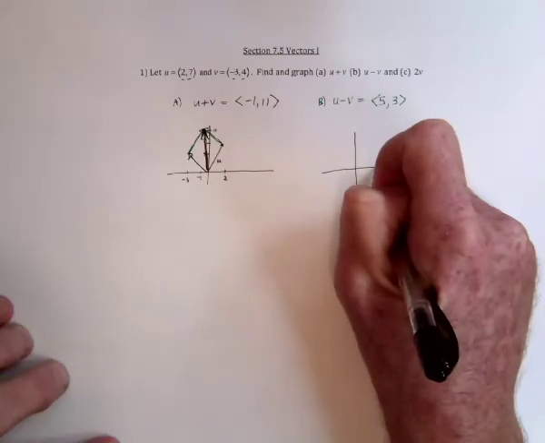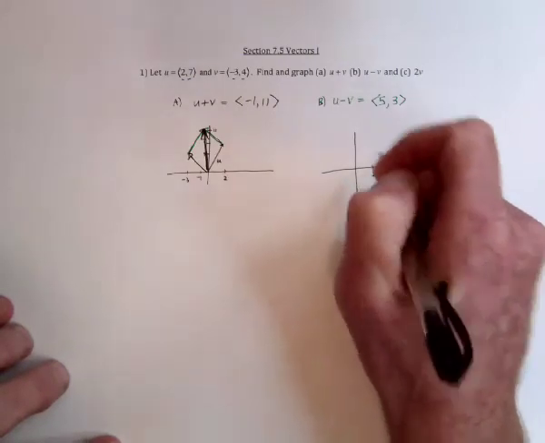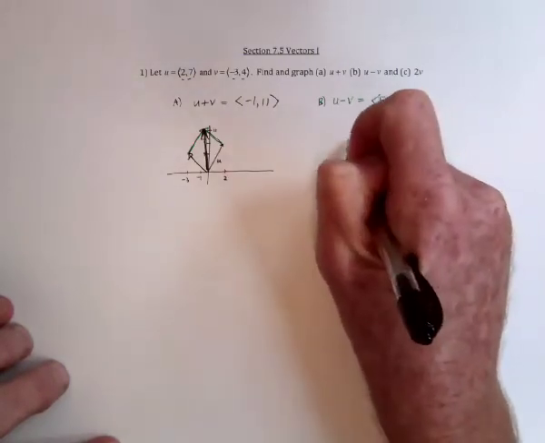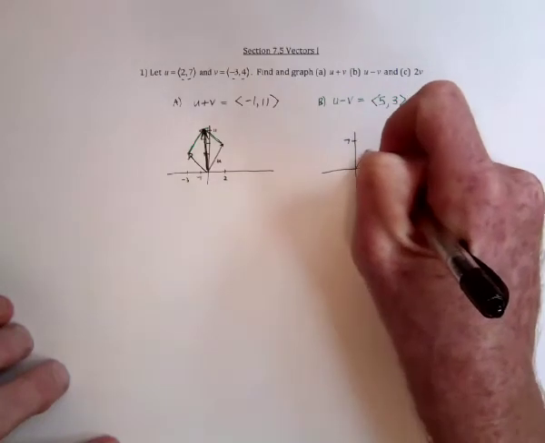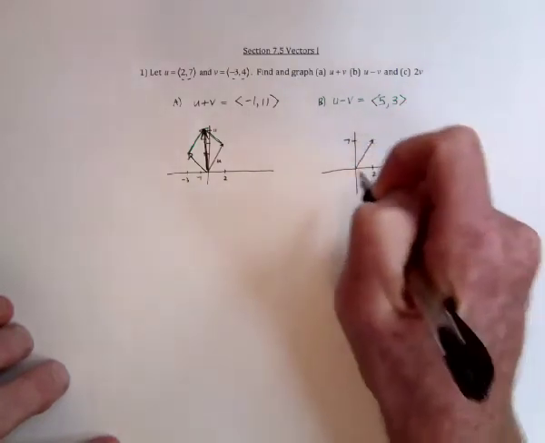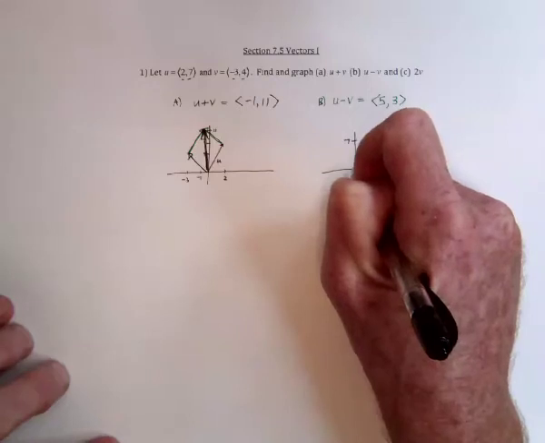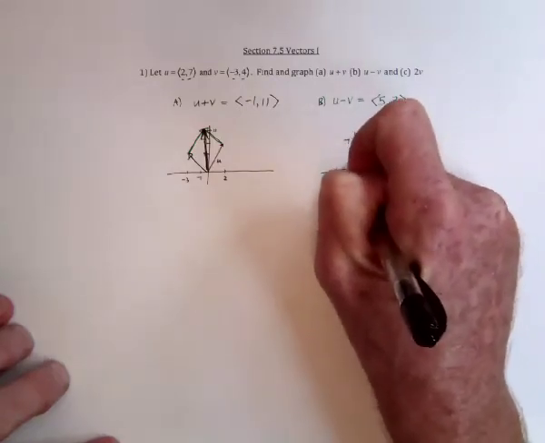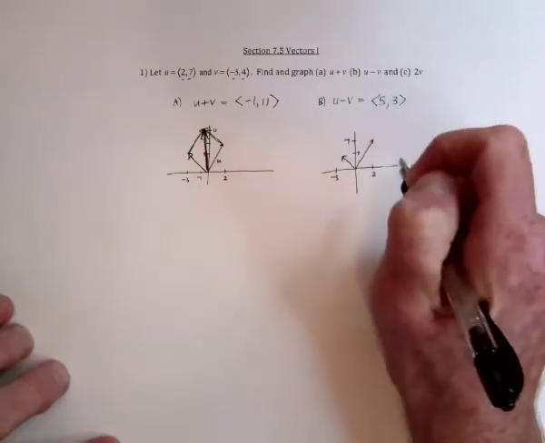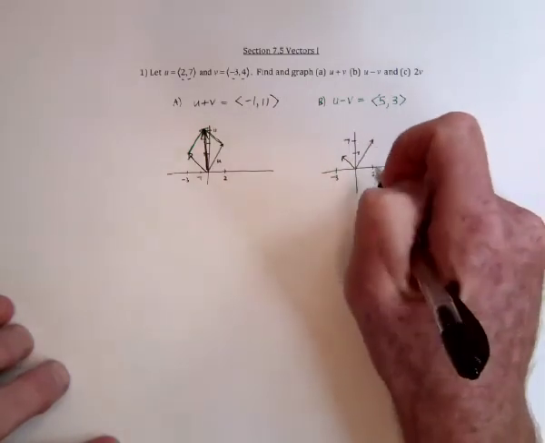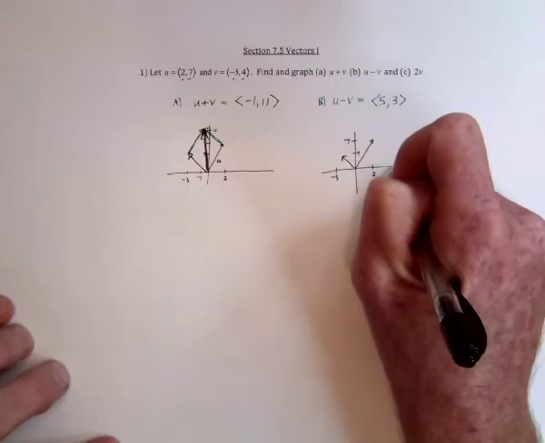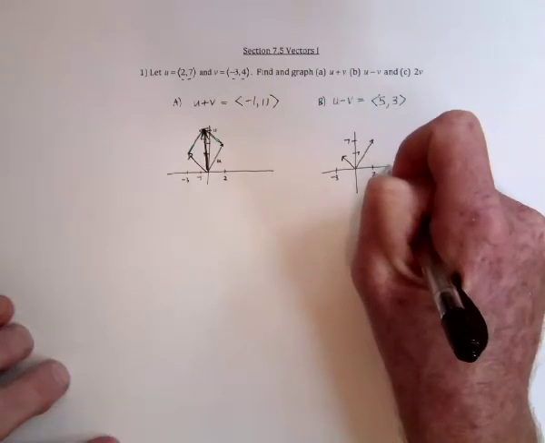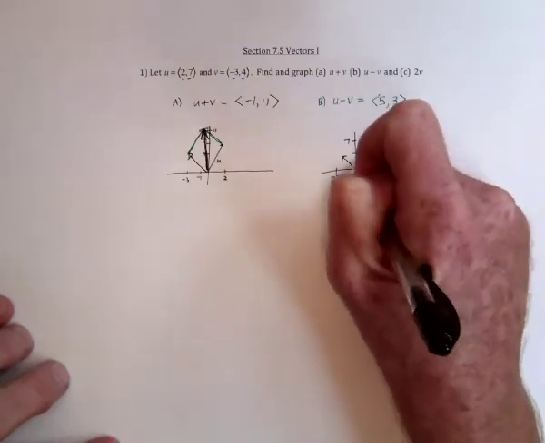So again, for comparison's sake, I'm going to put the original vectors 2, 7, so there's the vector u, and then the vector v, -3 and 4 would be over here, and then when you subtract them, it's a 5, 3.